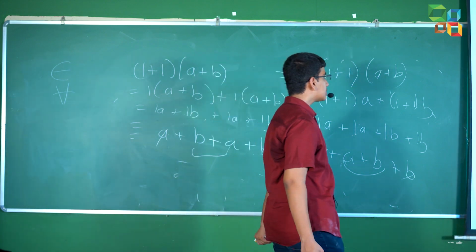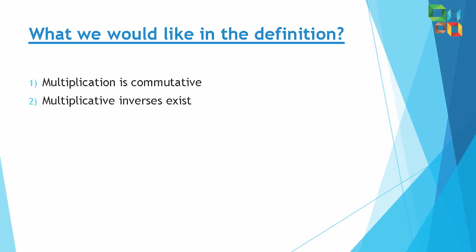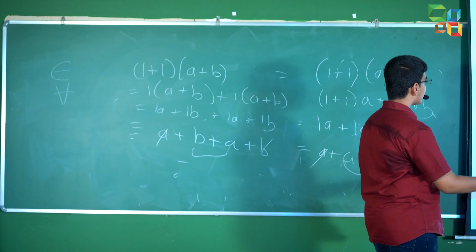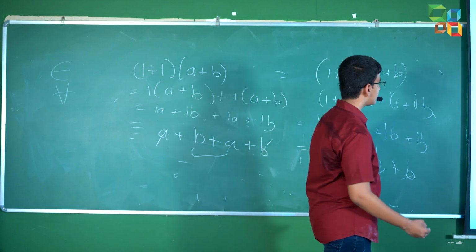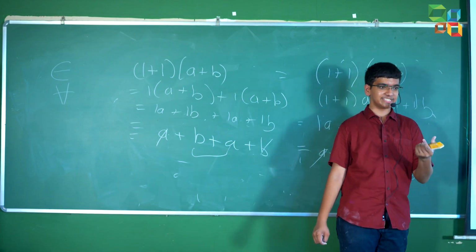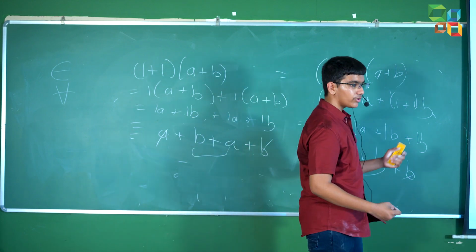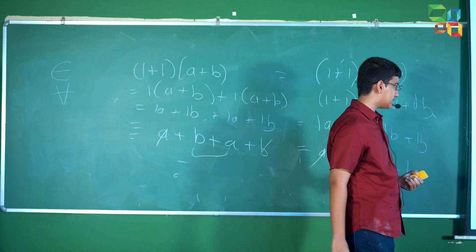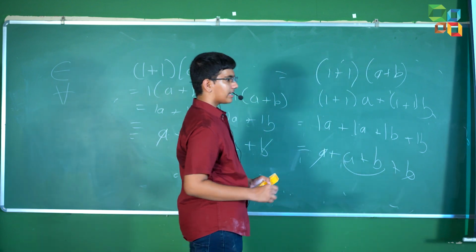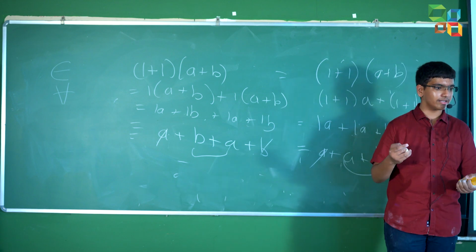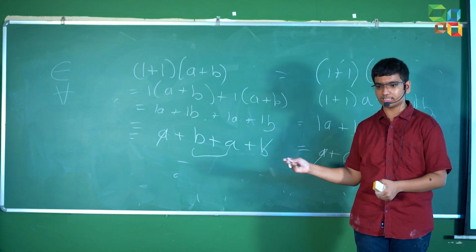The next thing: what we would want in the definition? We would want multiplication to be commutative in integers, but it's not there in the definition. And we would want multiplicative inverses to exist. Before we look at that, we'll look at this thing which you've been taught since 4th, 5th grade, that negative into negative is positive.